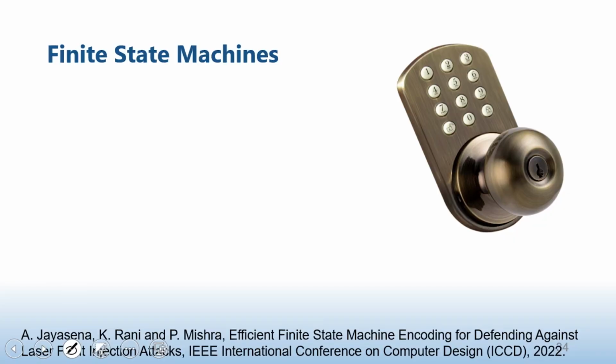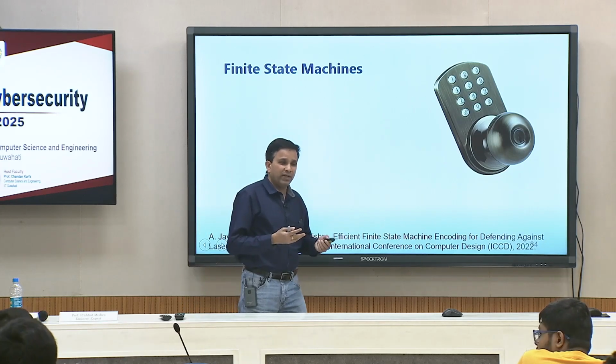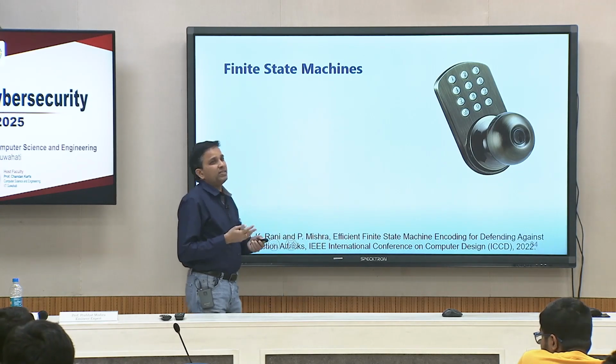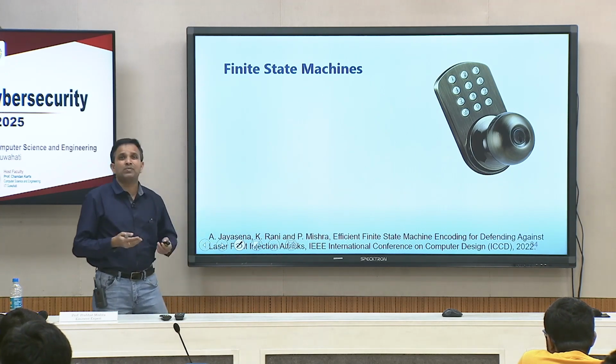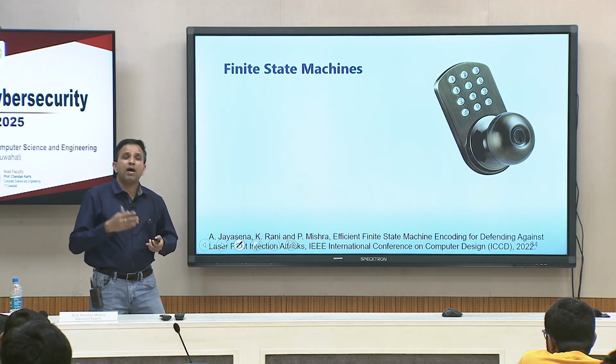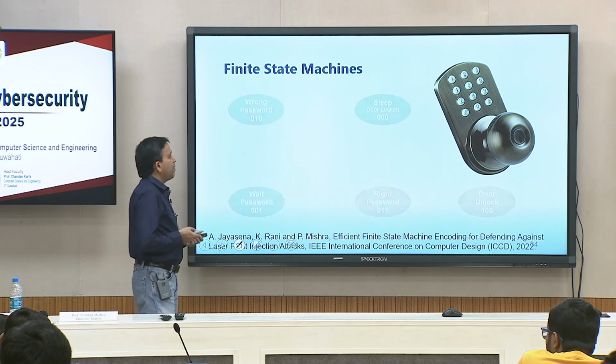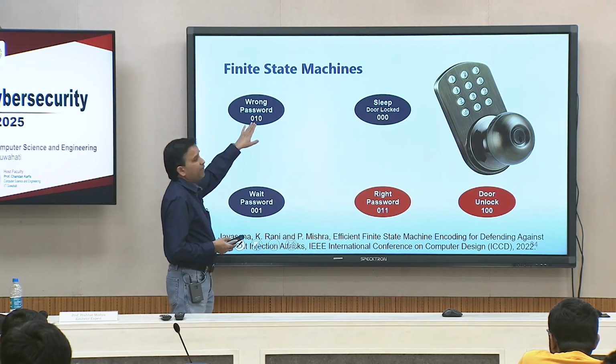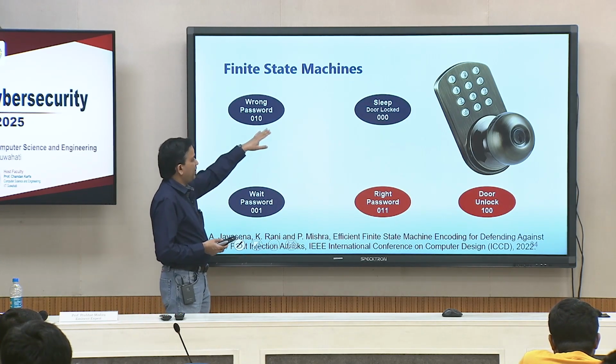So, let me now go back to the state machine and zoom in on how this vulnerability mitigation happens. I am taking an example of a doorknob, but most cryptographic libraries have finite state machines, and those finite state machines have an encoding, either explicitly stated or assigned after synthesis, and those states will have values.